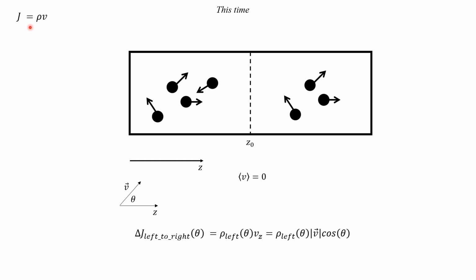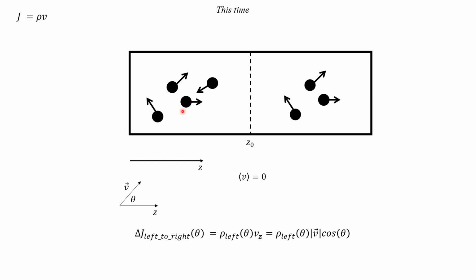Okay, so in lecture 13, when we considered that all particles traveled with the same velocity and in the horizontal direction, we found that the current density was given by the concentration of particles times the velocity or the speed. Now, we cannot in principle use this equation in our new situation because we do not have all particles traveling with the same velocity.